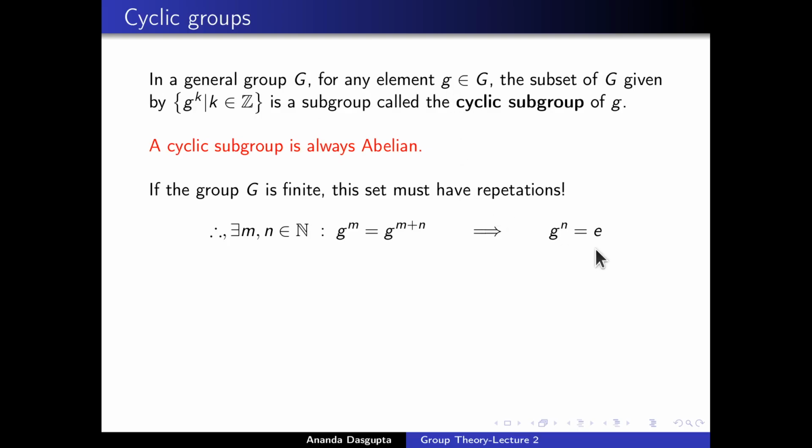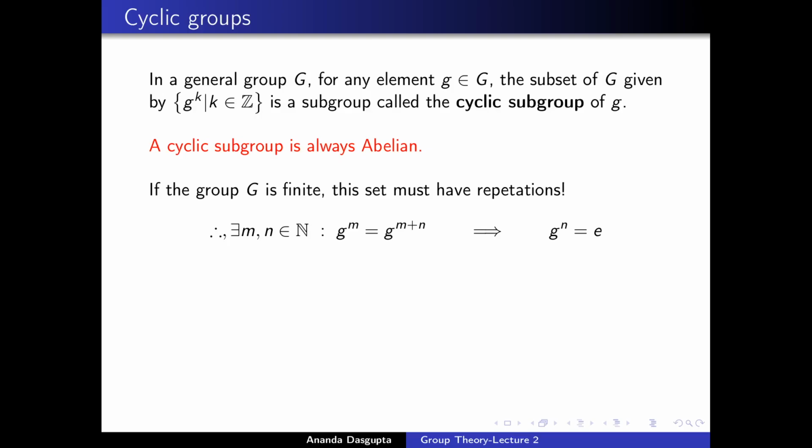So for a finite group, if you take any element and keep on raising it to higher and higher positive powers, you are bound to hit the identity somewhere down the line. Just to point out, this is not necessarily true if you are talking about an infinite group. For example, if you take the element 2002 of GL(n, R) and keep on raising it to higher and higher powers, you are going to get a matrix with larger and larger elements, and you are never going to get the identity.